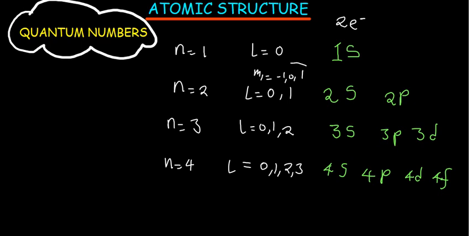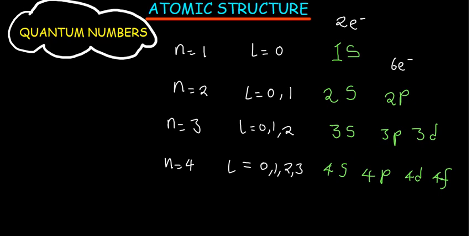So there are 3 orbitals, and each orbital can have a maximum of 2 electrons. That means the p orbital can have a maximum of 6 electrons.